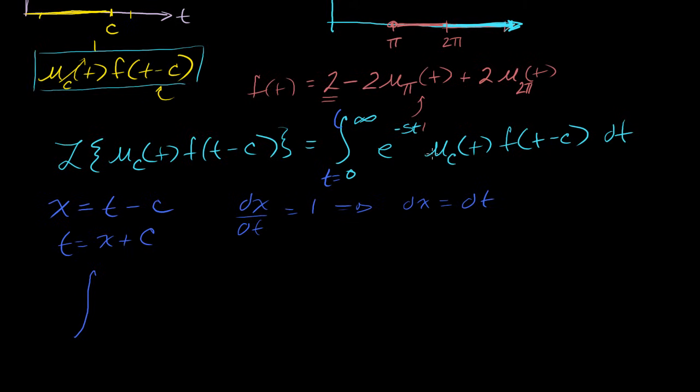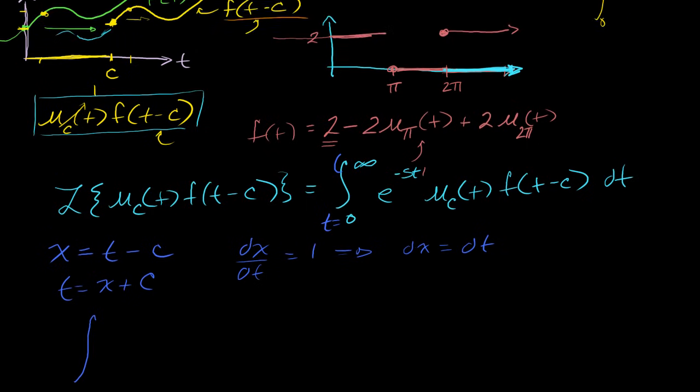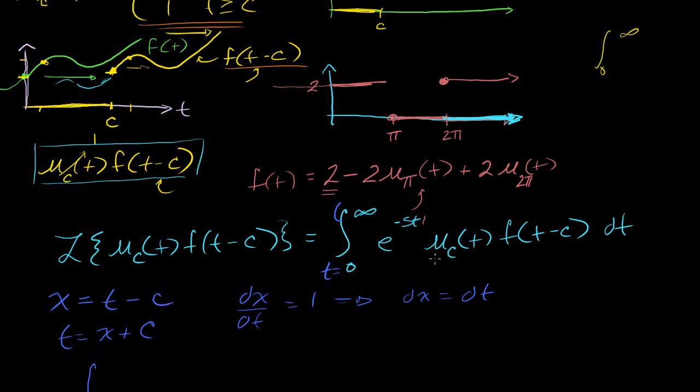Let's go back to our original integral before we even made our substitution. If we're taking the integral from 0 to infinity of this thing, what does this function look like? It's 0. We have the unit step function sitting right there. So this whole expression is going to be 0 until we get to c.